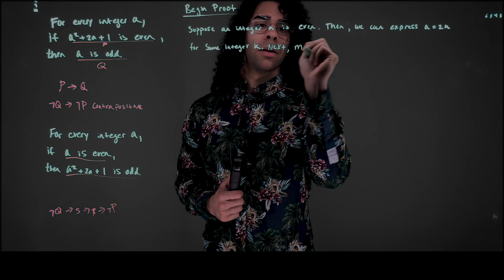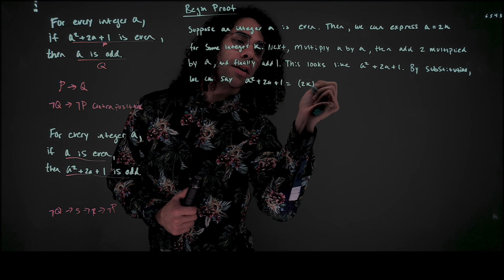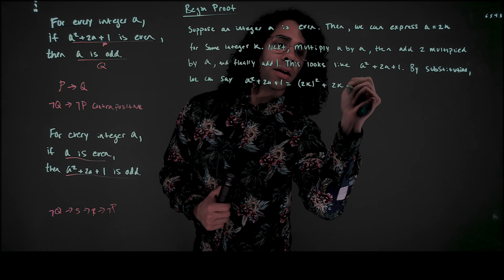This looks like a squared plus 2a plus 1: a multiplied by a, we're adding 2 multiplied by a, and we're adding 1. Notice that we've declared a to be equal to 2k. So we can say by substitution, a squared plus 2a plus 1 is equal to (2k) squared plus 2(2k) plus 1.